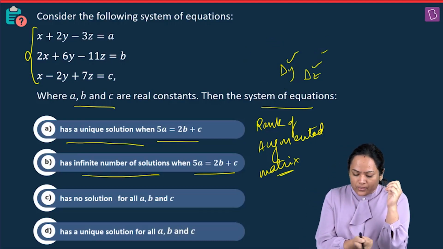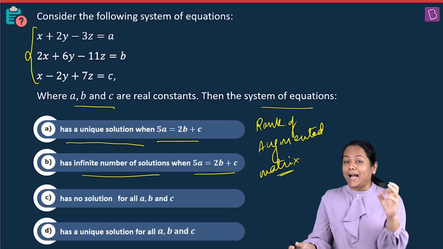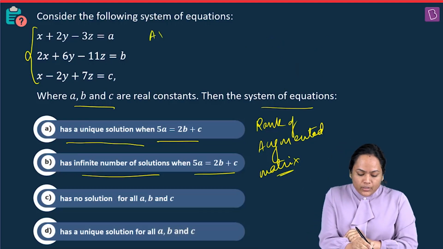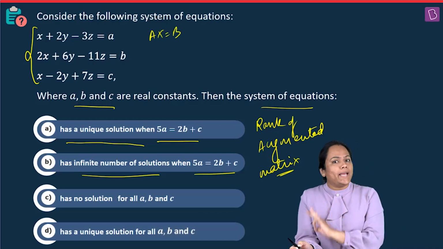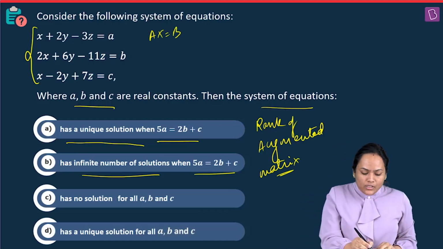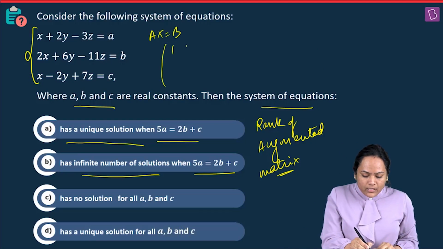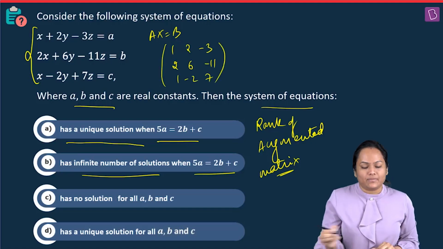Well, suppose I write this equation as Ax is equal to B. You already know what is A. A is the coefficients of x, y and z present in the equation. So my A will be 1, 2, minus 3, 2, 6, minus 11, 1, minus 2 and 7.